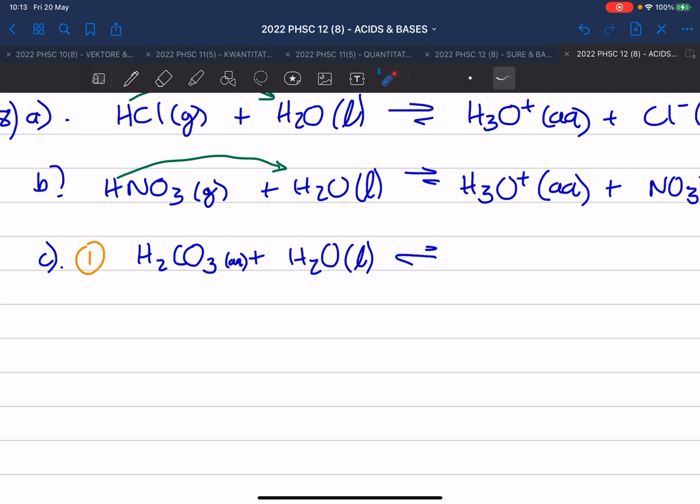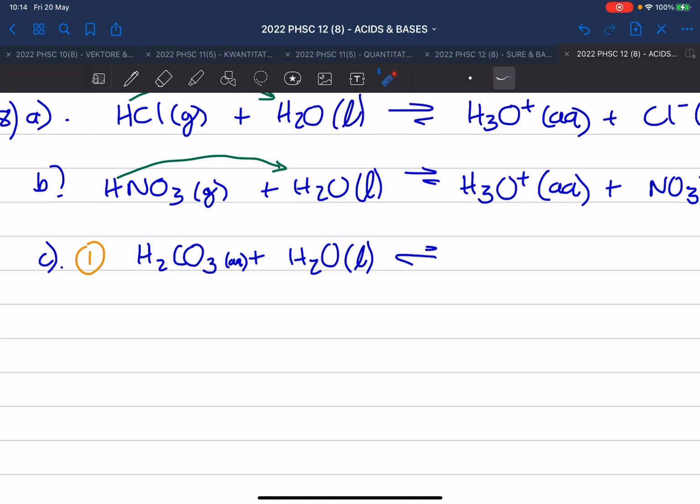Carboxylic, no. We used it in the last one. You get it in fizzy drinks, cool drinks. Starts with a C. Carbonic acid.